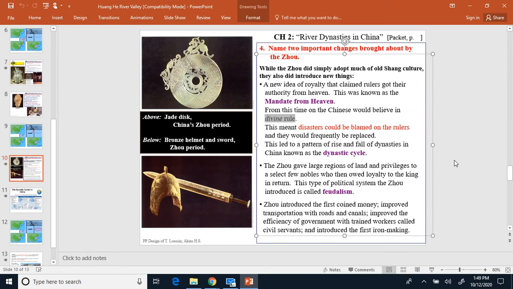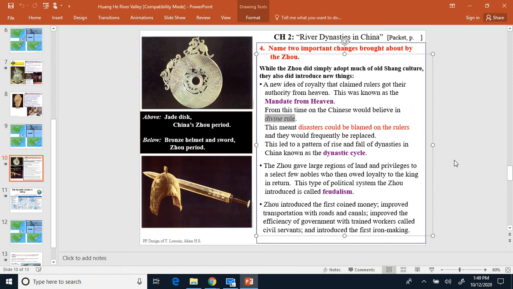Now, the problem, of course, with saying that your rule comes from the gods themselves is that anytime something bad happens, let's say there's a typhoon, earthquake, some type of natural disaster, massive flooding, those disasters are blamed on you as the ruler, because clearly typhoons and massive flooding are all caused by God being angry at you.